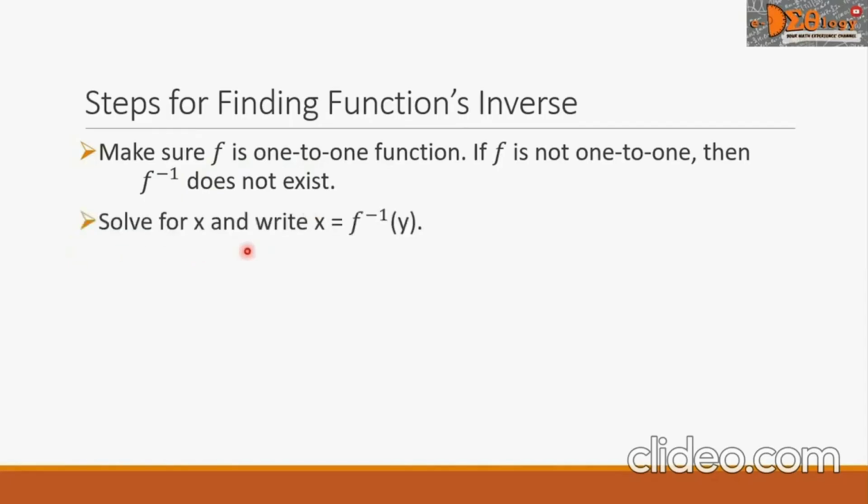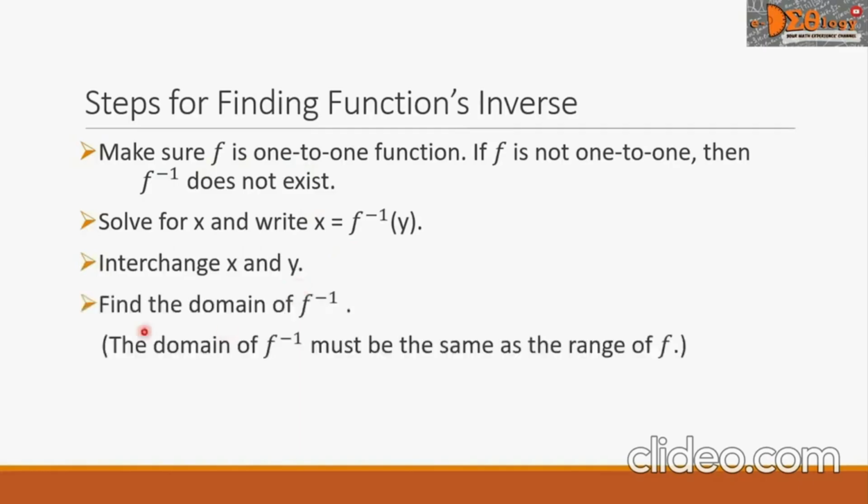Solve for x and write x equals f inverse of y. Step 3. Interchange x and y. Step 4. Find the domain of f inverse. The domain of f inverse must be the same as the range of f.